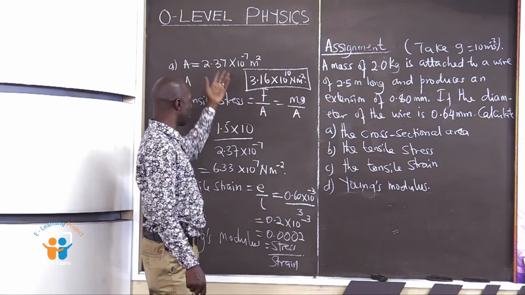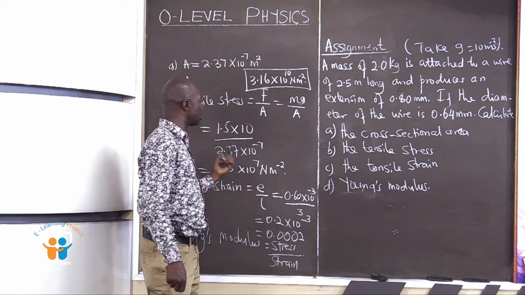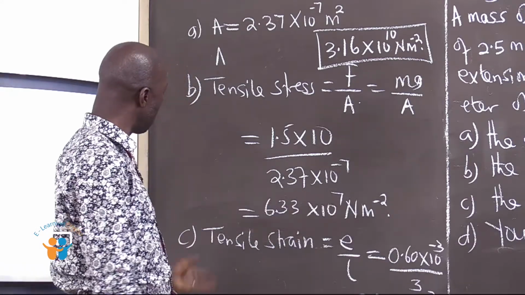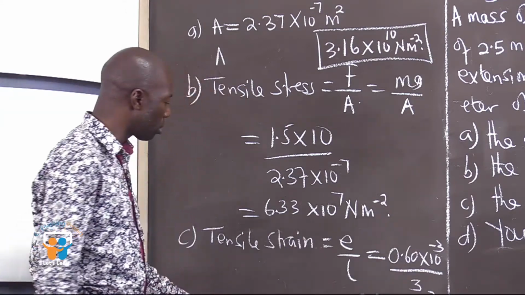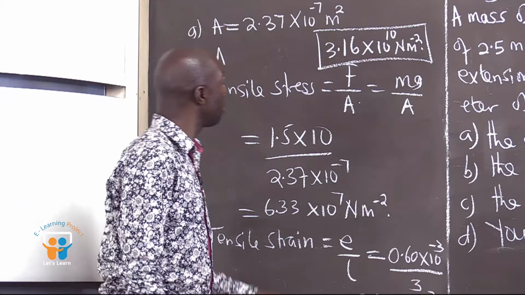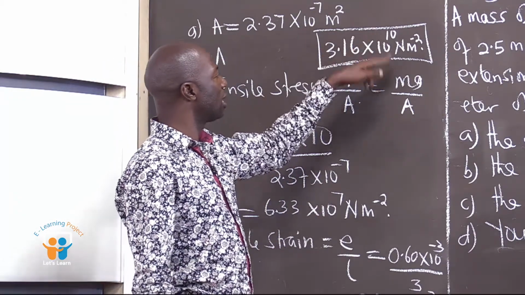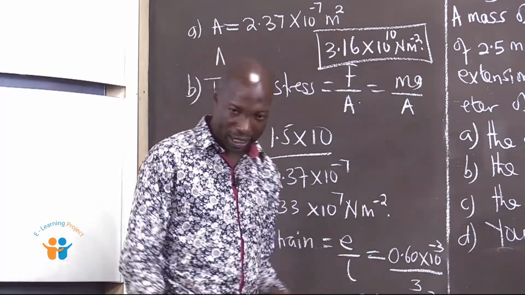The area we already had, but the mass, we changed it to weight to make it a force, and our unit is Newton per meter squared. Tensile strain, e over L, and then Young's modulus, which was stress over strain. My calculator gave me 3.16 times 10 to the power 10 Newtons per meter squared.